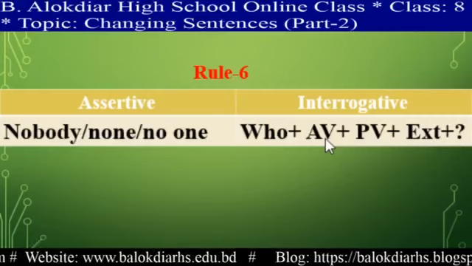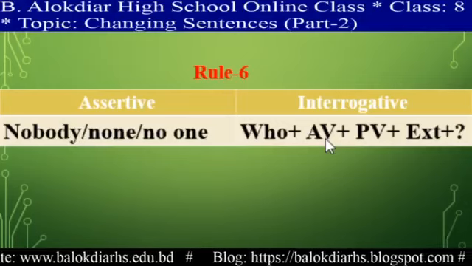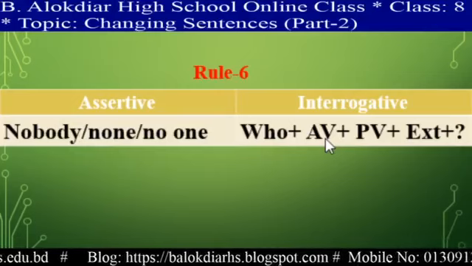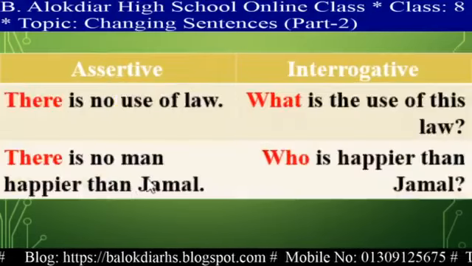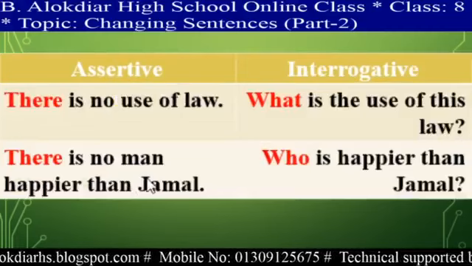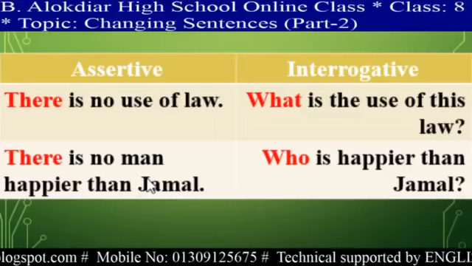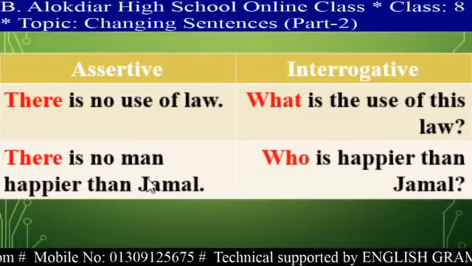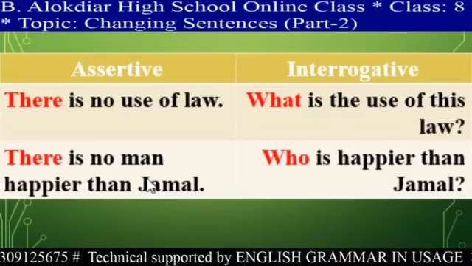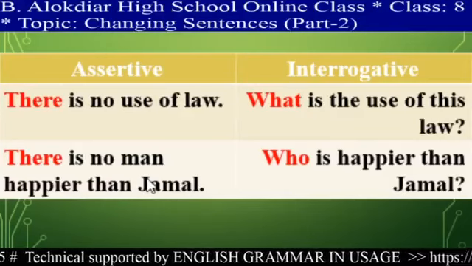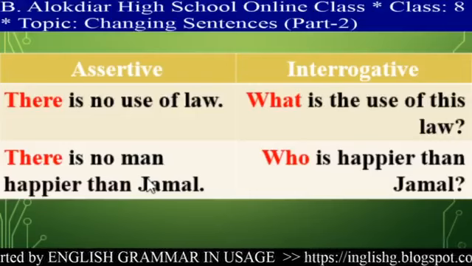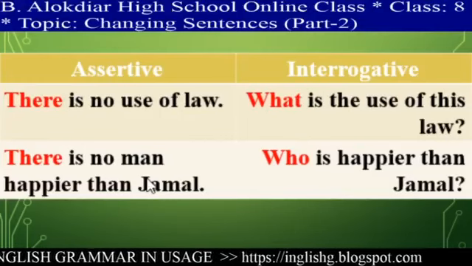Assertive sentence. There is used here. There is no use of law. In example B, there is no man happier than Jamal. In the interrogative, we have used what in example A and who in example B. Instead of there, we have used what in example A, and instead of there in example B, we have used who in the interrogative sentence.